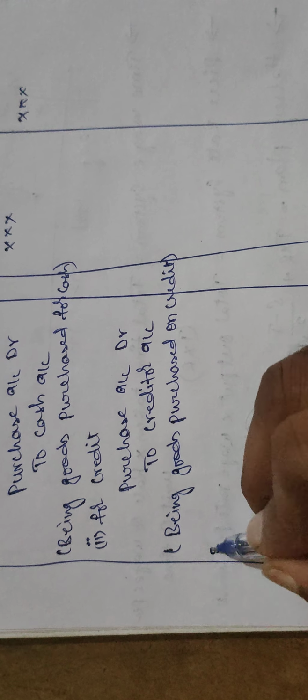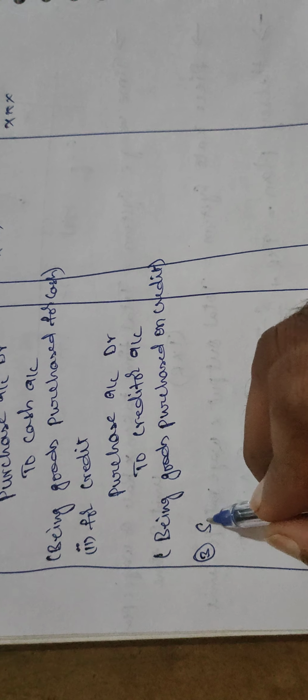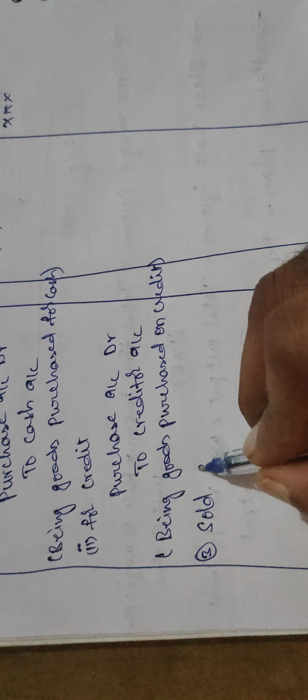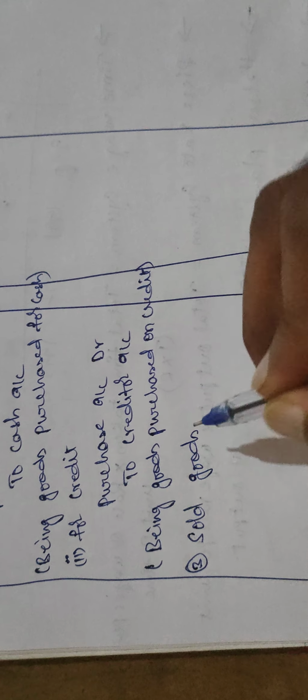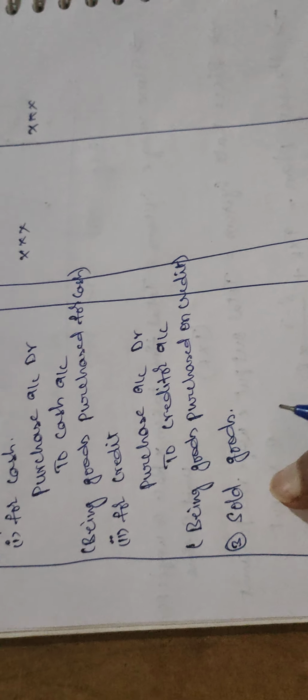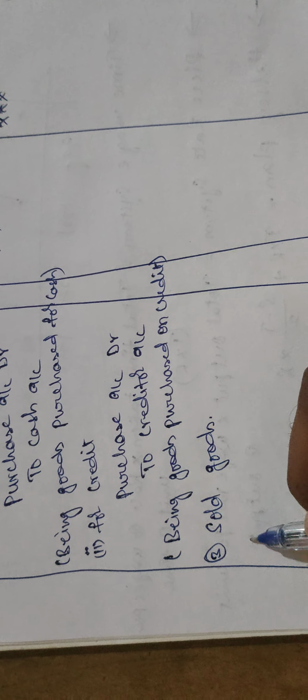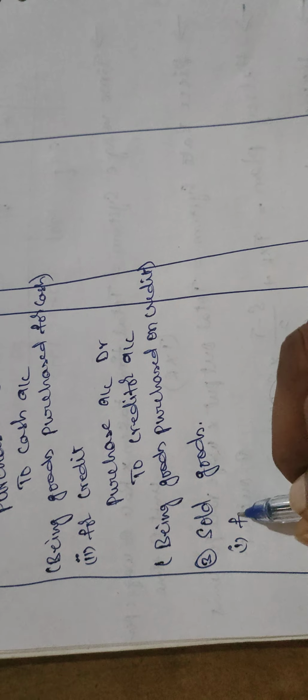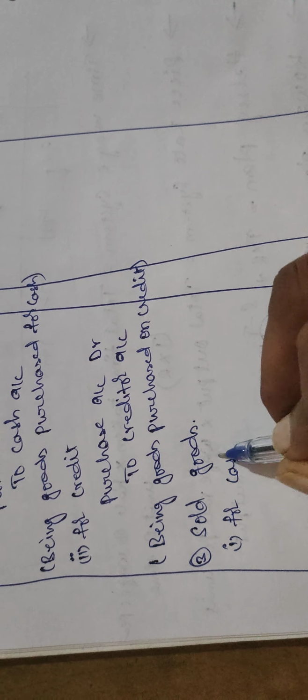Then another third important entry is sold goods. We can sell goods again based upon two things: either for cash or for credit. The first is sold goods for cash.